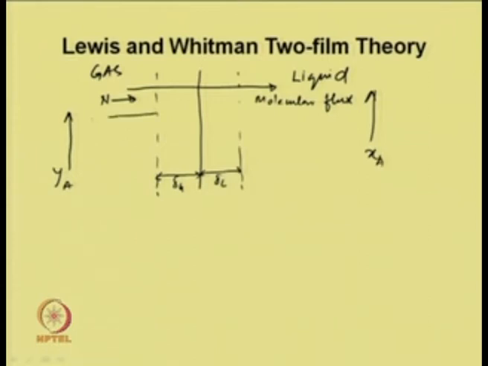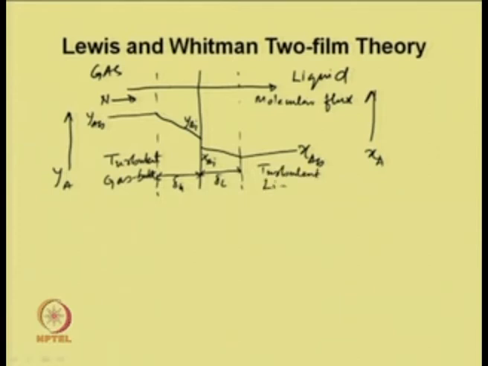Suppose this is YAB bulk concentration, XAB this is the liquid bulk concentration, and this is XAI, this is YAI, and we call this the turbulent gas bulk, and this is the turbulent liquid bulk.